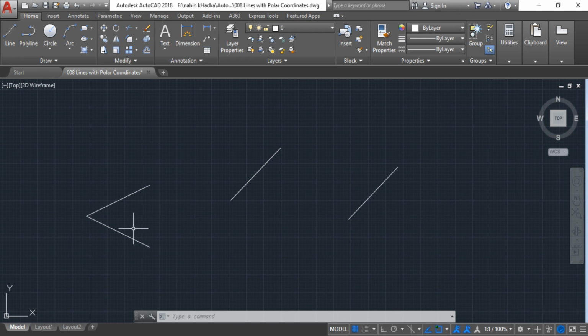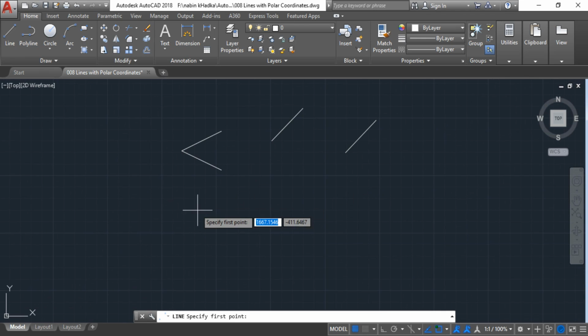Please do note, you can construct this line using the same method but varying the angle. Let me draw a line first. Let me specify the first point here.